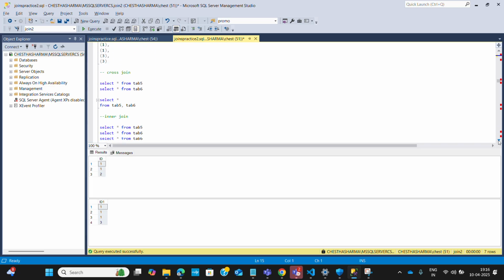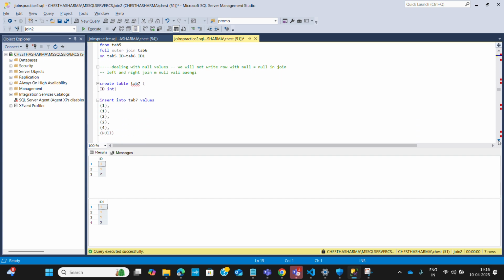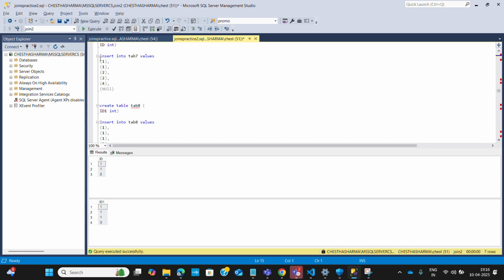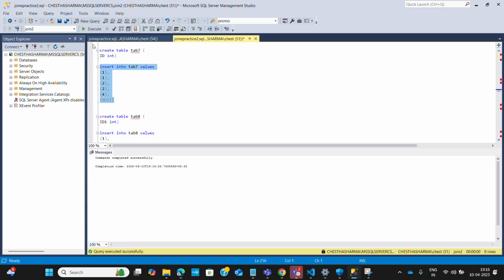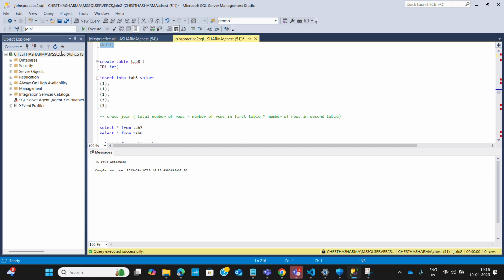I'll tell you the null scenario also. For example, we have a table. Let me just create this table for you. Create table tab 7, and insert into this tab 7. And then after that, I'm creating this table tab 8, and then I'm inserting the output.